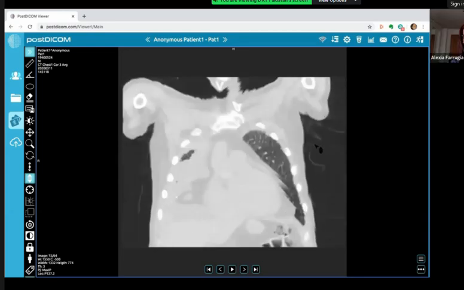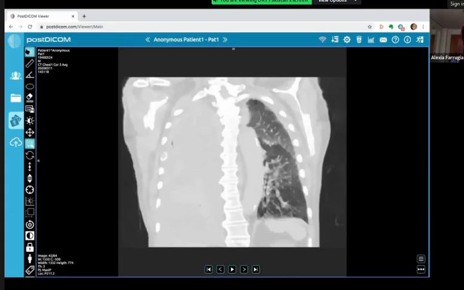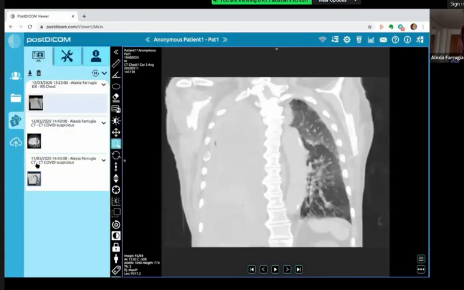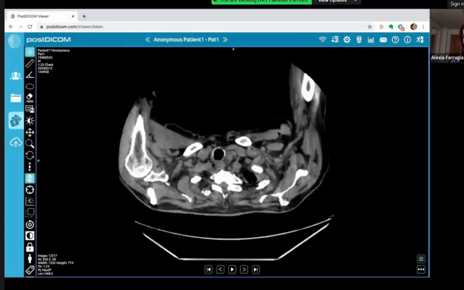That's a very good description. I will bring up the axial CT again.